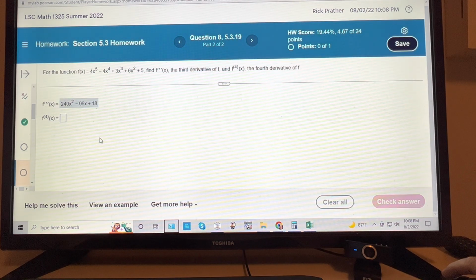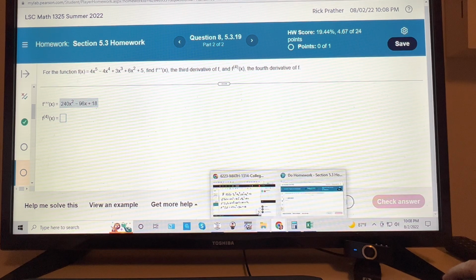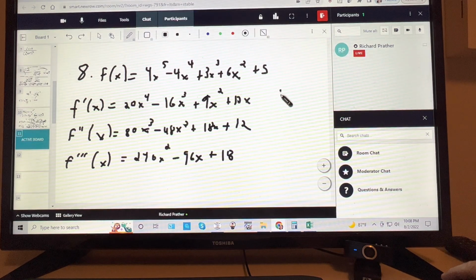Then you can do the fourth derivative. Just like with Roman numerals, you have 1, 2, 3. Then they don't put 4 marks, they put IV in Roman numerals. If you get too many marks, it's hard to see them all. So instead of putting 4 little apostrophe marks, they just put a 4 in parentheses to mean fourth derivative.